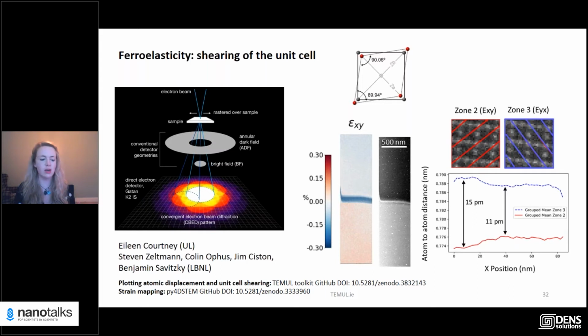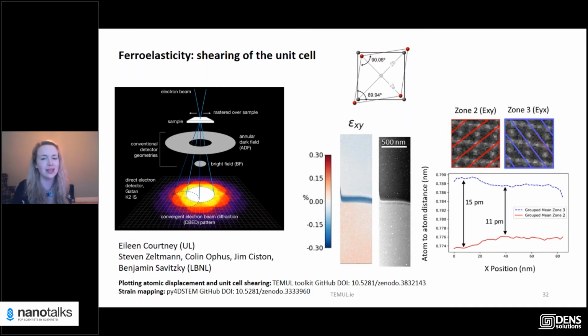And now we're able to say, okay, when we take those 4D STEM data sets and we quantify the strain, does that relate directly back to the atomic displacements and the shearing of the unit cell as well? And by using the combination of py4DSTEM and Owen O'Connell's TEM toolkit, we were able to say yes. So the atomic displacements and the shearing of the unit cell are related directly to the 4D STEM measurements.